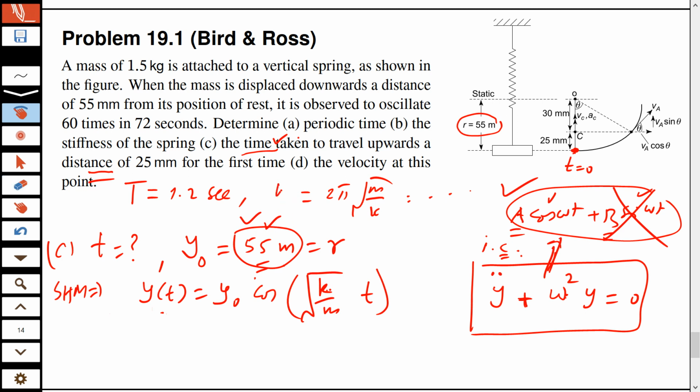That was omega, sorry. Now what is the unknown in this equation? t is the unknown. I only need to solve this equation. Why? In this equation y of t is given to me, what is it? 30.